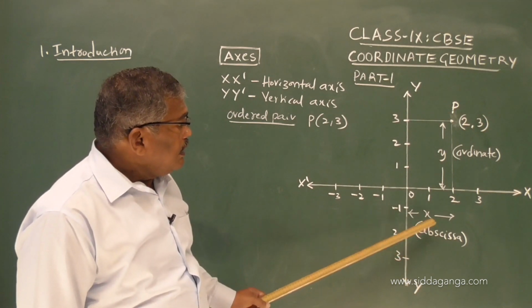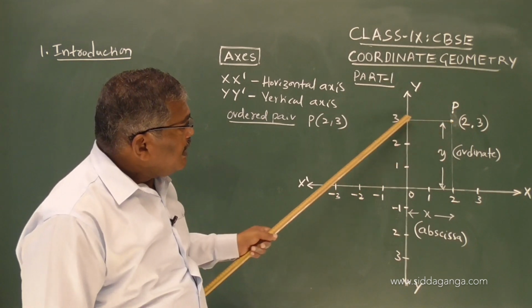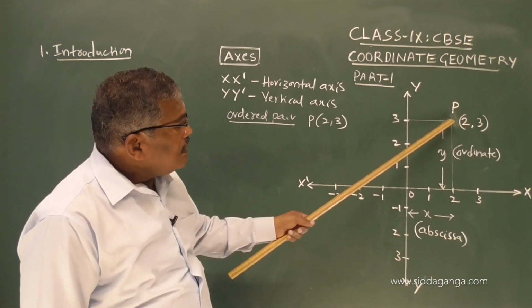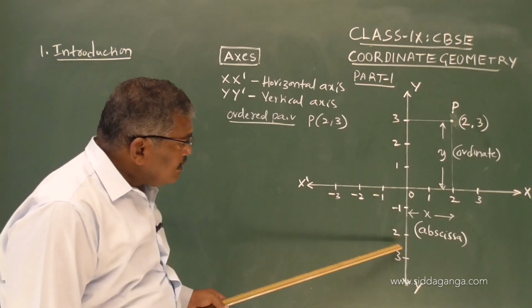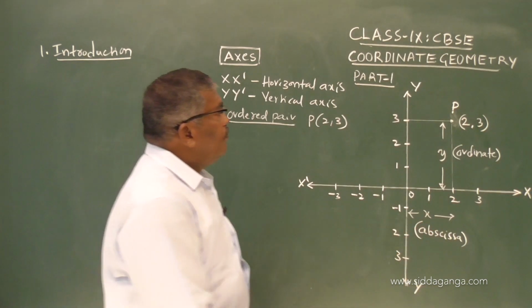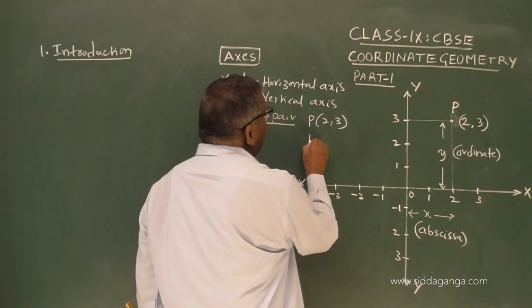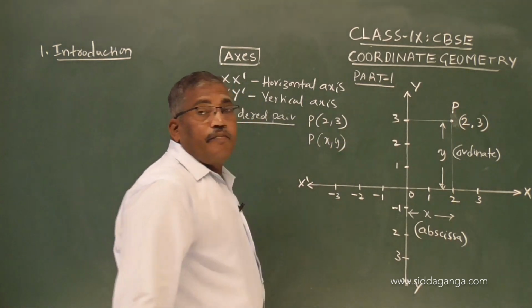Abscissa is the perpendicular distance of any point P from the y-axis. It is denoted by x. So we write it in general as P(x, y).